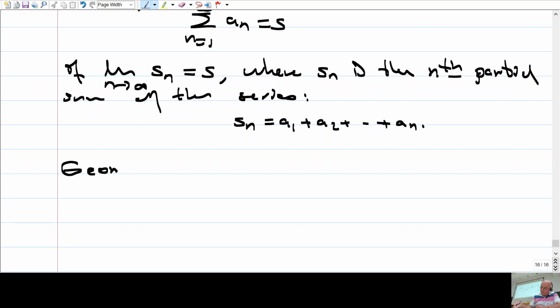Okay, geometric series, for example. So that's an example of a series.